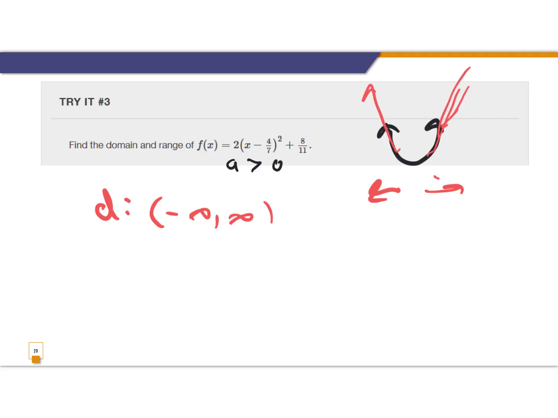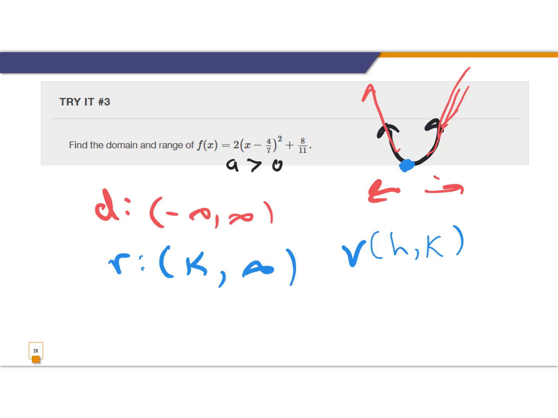Now the range, the vertex this time has to be the lowest value. So I know that my range has to start out with k and then go all the way up to infinity. So we've got to find k. So my vertex is h comma k again. But they were so nice, they gave it to us already in standard form.